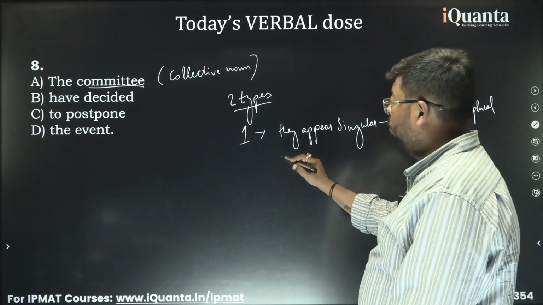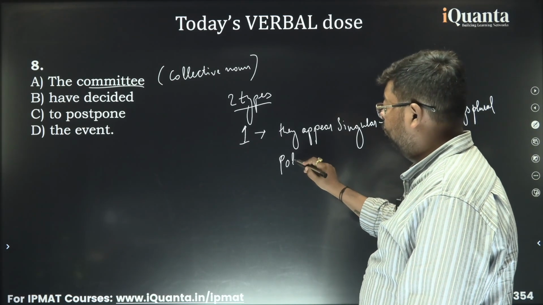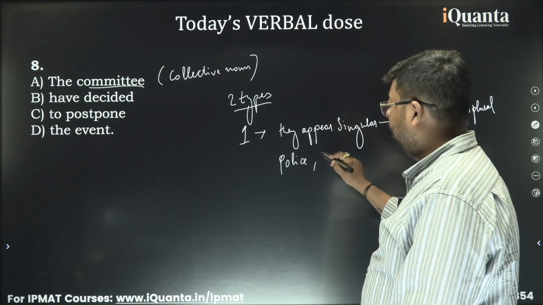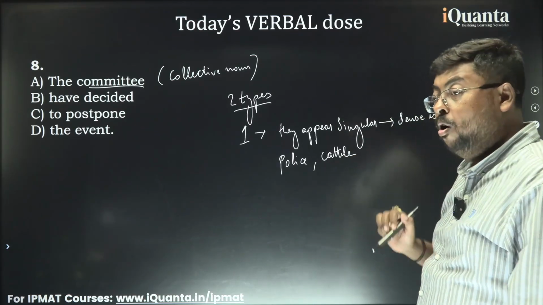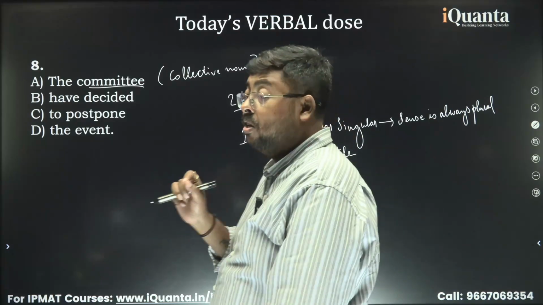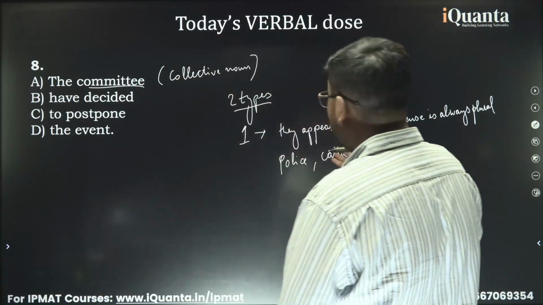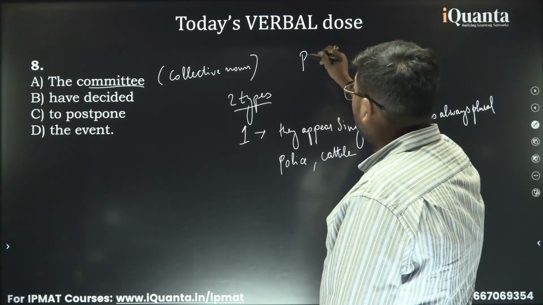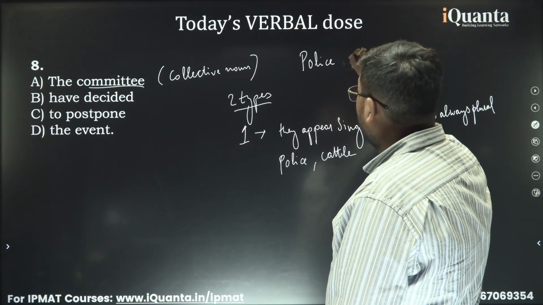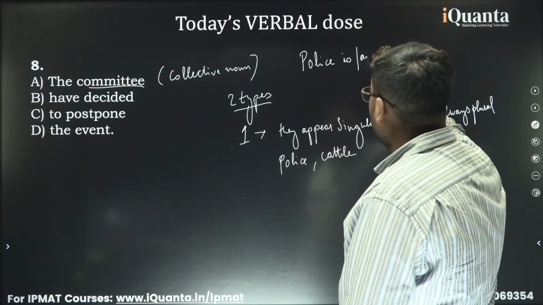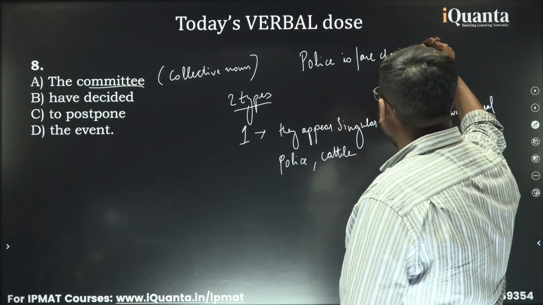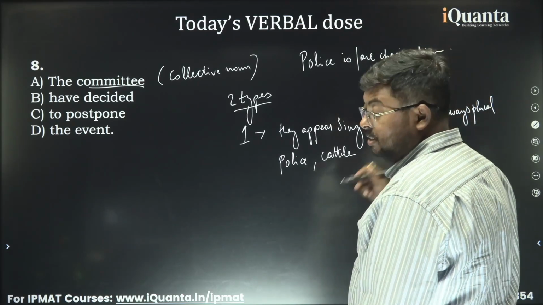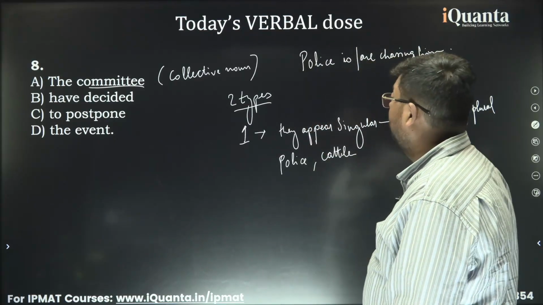Like we have got what? We have got police and cattle. Okay, these kind of words. Police is chasing him, police are chasing him. Look at it. What did I say out here? I said police is, are chasing him. If this is the sentence we have, look at it carefully.